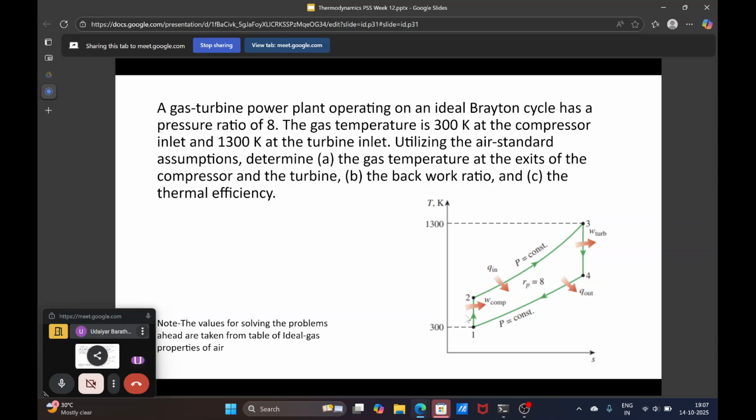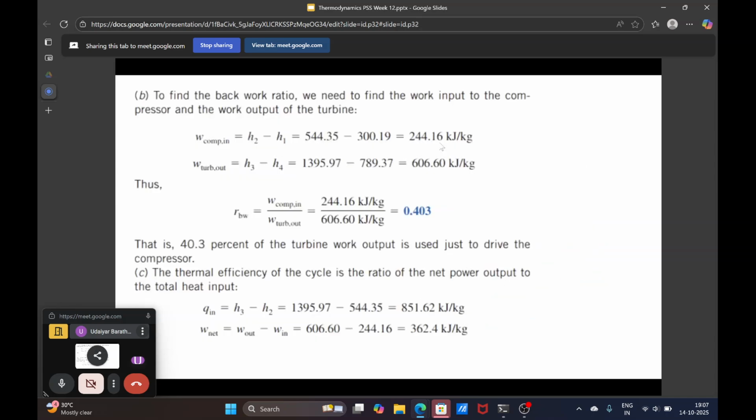So what we know is the gas temperature at the compressor and the turbine inlet, and the pressure ratio is given. So we need to find out the exit temperature, the back work ratio, and thermal efficiency. To find that, first we need to estimate the enthalpies.